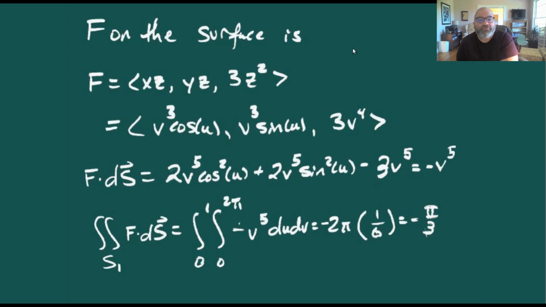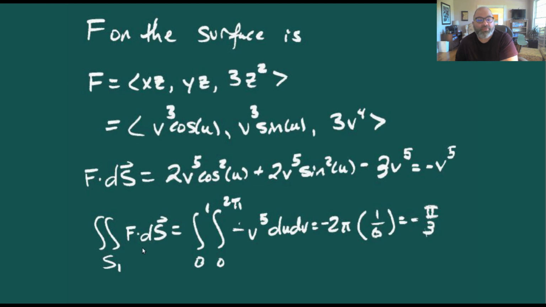And so for F on the surface, we had it xz, yz, and 3z squared. Well, we plug in our component functions to that, and so we get v cubed cosine u, v cubed sine u, and 3v to the fourth. So that our F dot dS, when we take the dot product of those two vectors, just reduces down to negative v to the fifth power du dv.